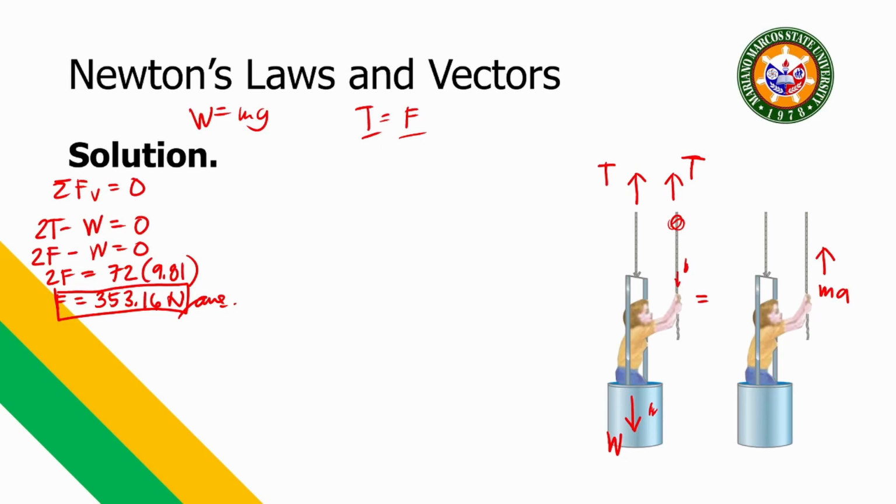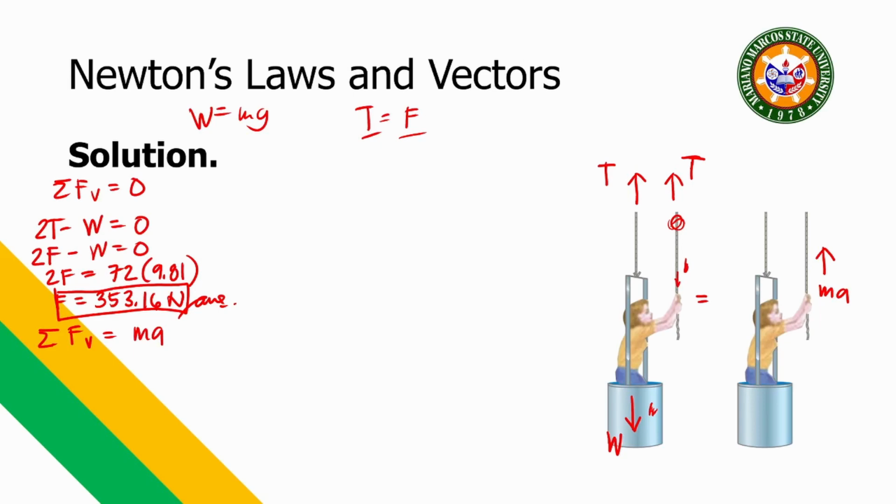So, let us consider the summation of forces now that her pulling force, her pull on the wire, has increased. The summation of forces in the vertical axis will be equal to mass multiplied by the acceleration of the window washer.